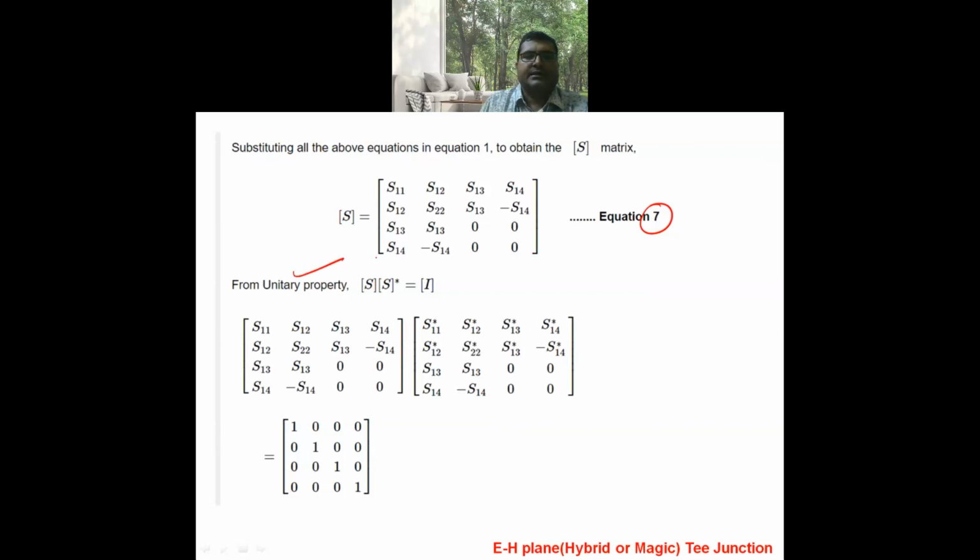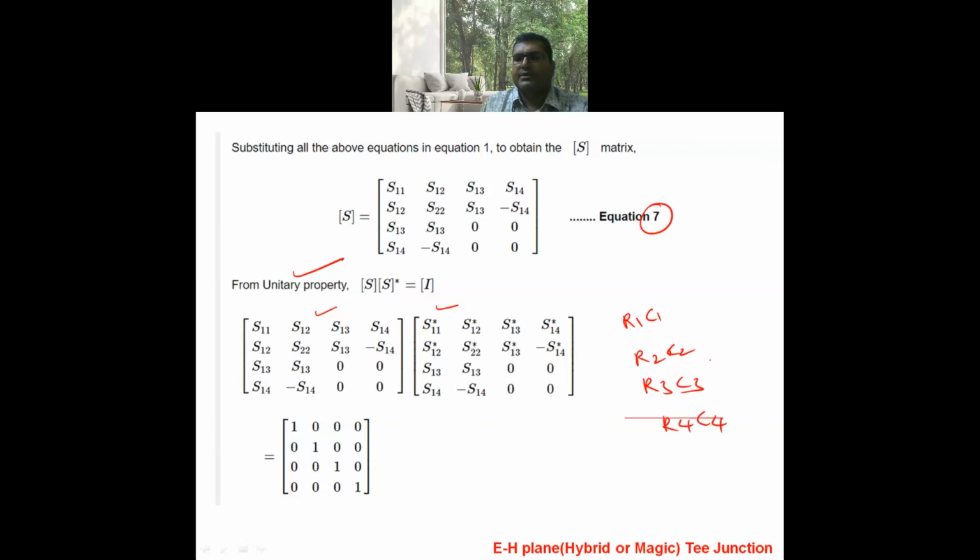Once again we apply the unitary matrix property as we did in the case of E plane T and H plane T, to the S matrix obtained in equation number 7: S into S conjugate is equal to I. Once again, as we did earlier, we take R1 C1, R2 C2, R3 C3, R4 C4.